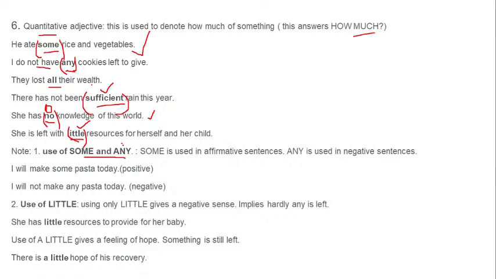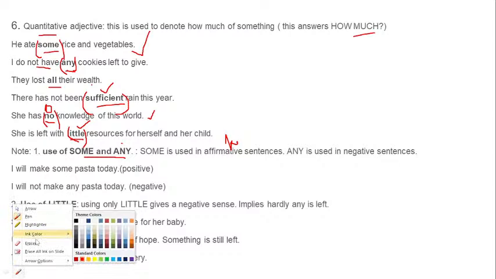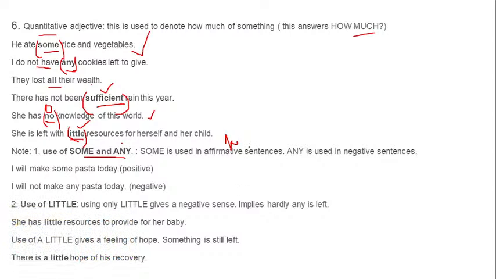See, some will be used for affirmative sentences, and for this you have to learn the kinds of sentences. Kinds of sentences are important. Previously I spoke about interrogative sentences and interrogative adjectives, right? Interrogative means something pertaining to questions.